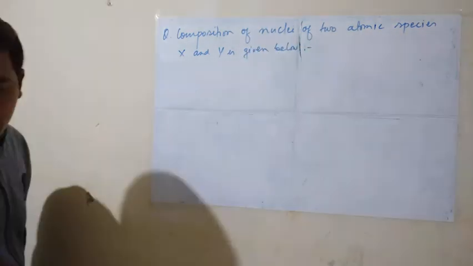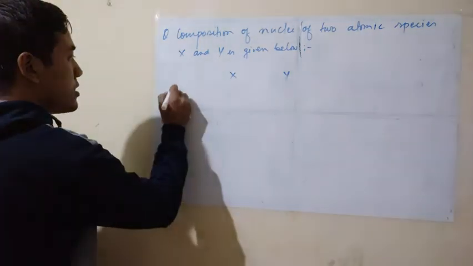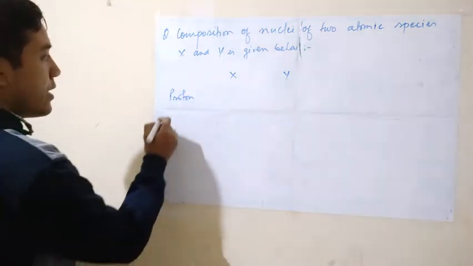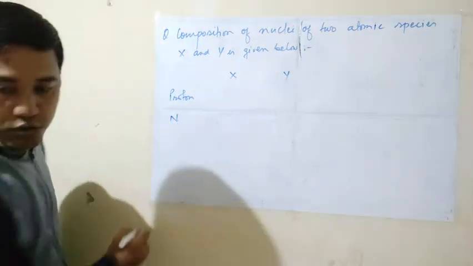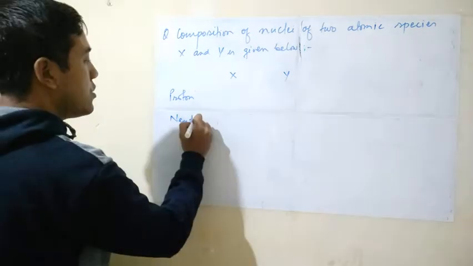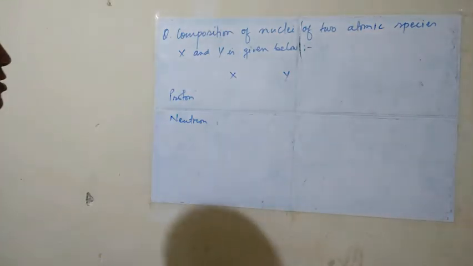Now look here, here X, here Y. This is the proton and this is the neutron. Proton and the neutron.